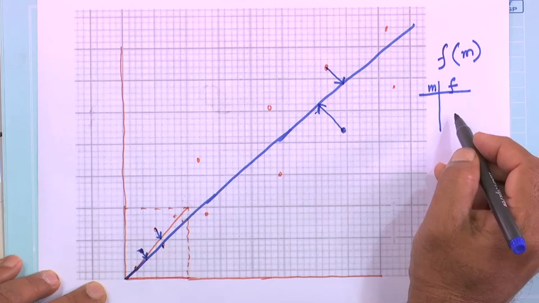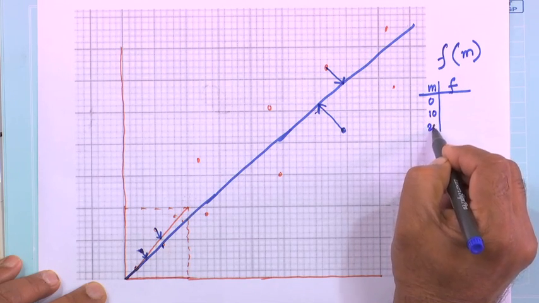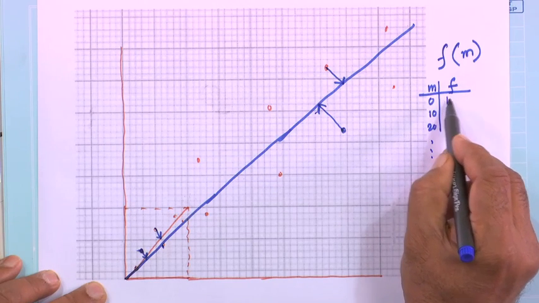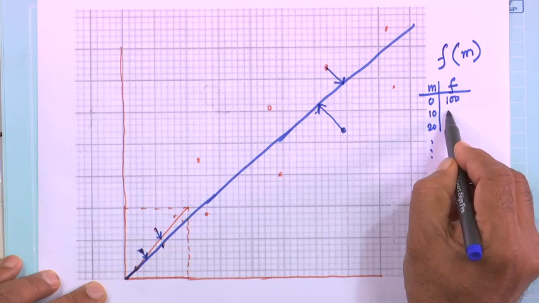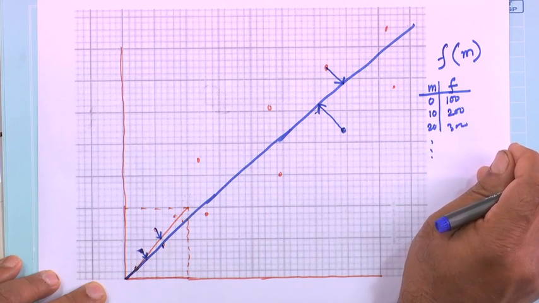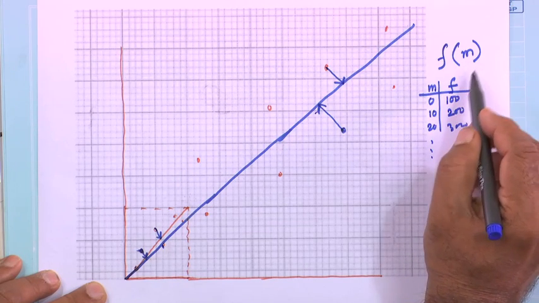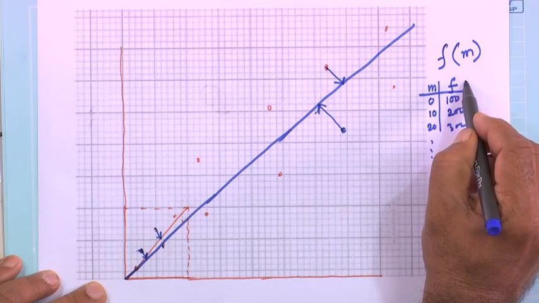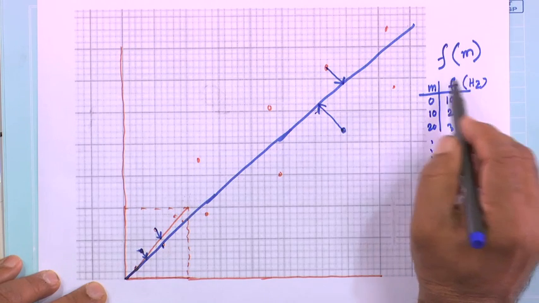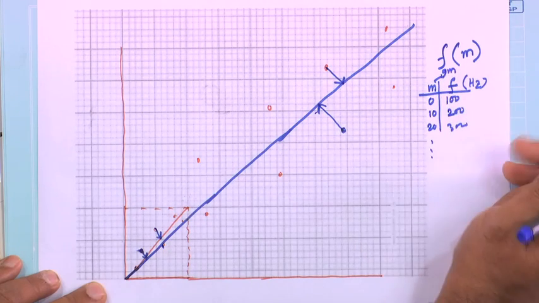So you have data 0, say 10, 20, etc., and corresponding frequency, say 100, 200, 300, etc. As I told you, when you collect data, you should mention the unit in the table, and you should also use the unit, that is gram.